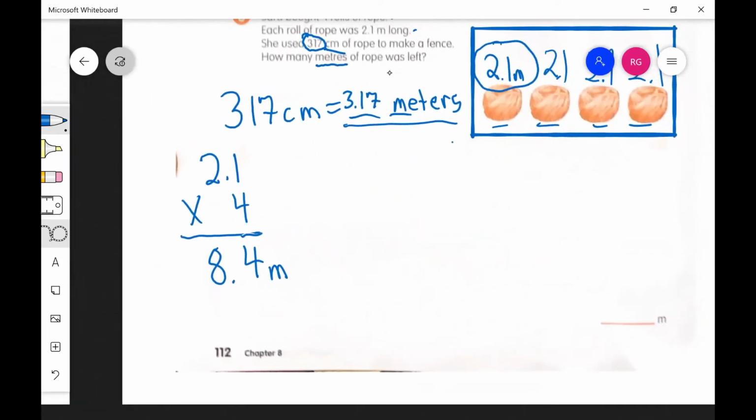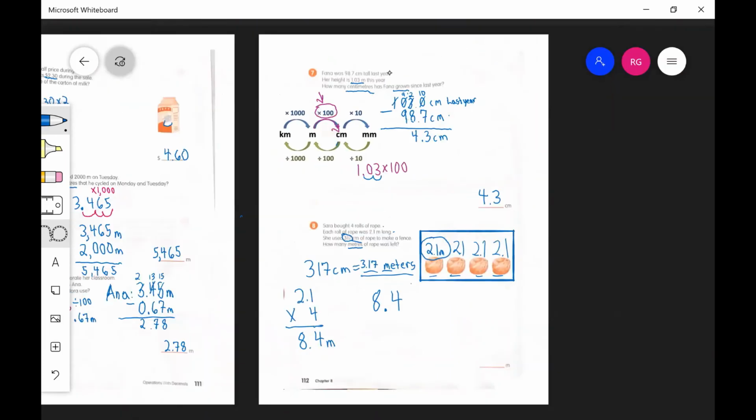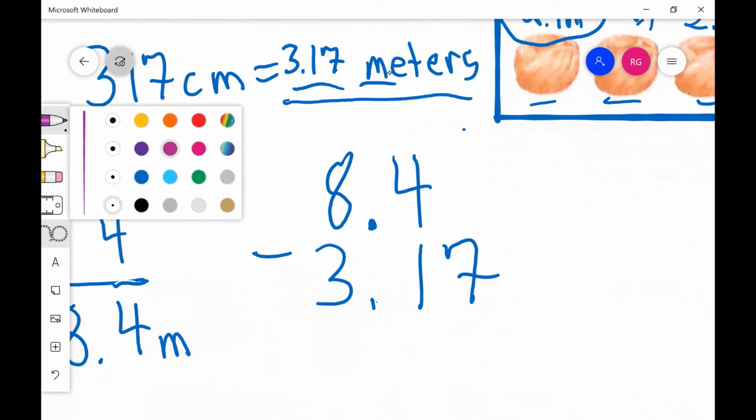And then we need to take 8.4, did I do that right? Yes. 8.4 and do what? Here we need to slow down a little bit, just make sure we write this correctly. What do I need to do now? Subtract. Yeah, subtract 3.17. First step here is to add this 0 here.